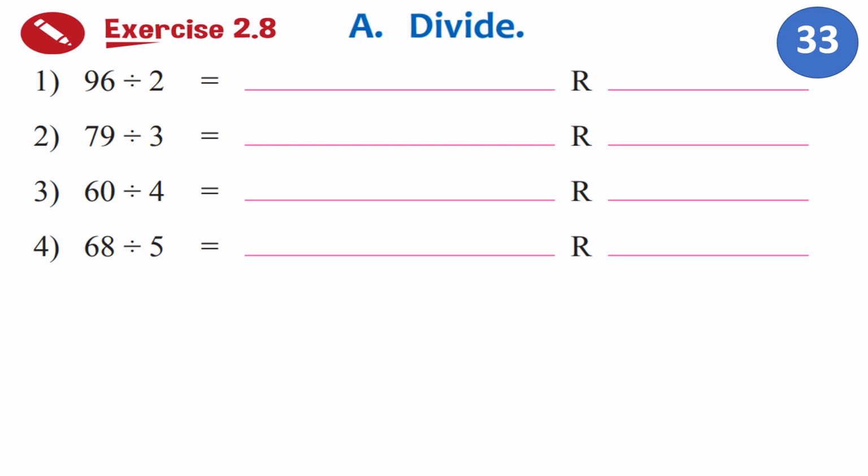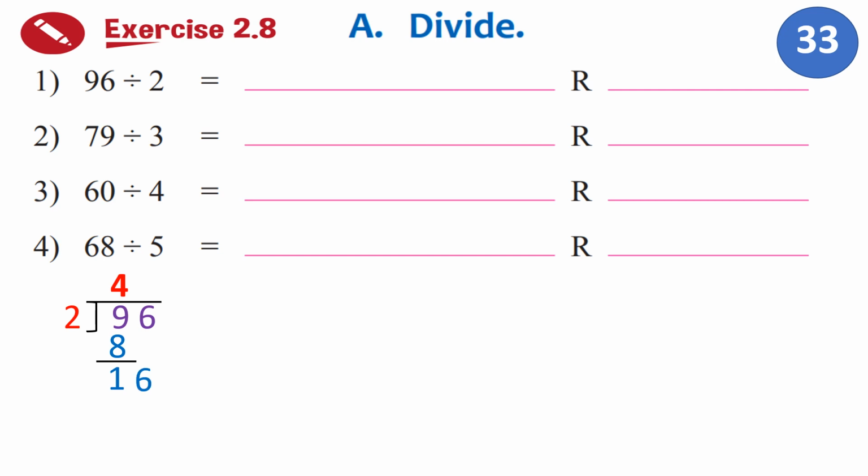Okay, let's solve number 1. I will write the solution here. 96 divided by 2. First, you divide 9 by 2. You get only 4. 4 times 2 is 8. 9 minus 8 is 1. Then you bring down the next number, which is 6.